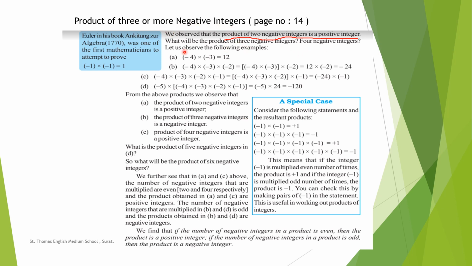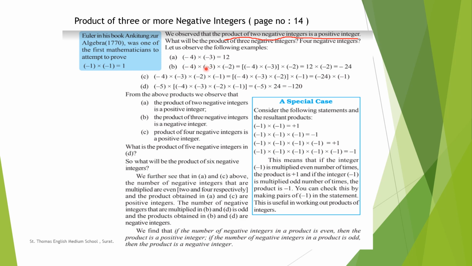For negative integers, let's observe the following examples. First one, minus 4 multiplied by minus 3. Again here two negative integers, so we know that is a positive integer. 4 3s are 12. Second one, minus 4 multiplied by minus 3 multiplied by minus 2. Now you can multiply the first two numbers, minus 4 multiplied by minus 3.